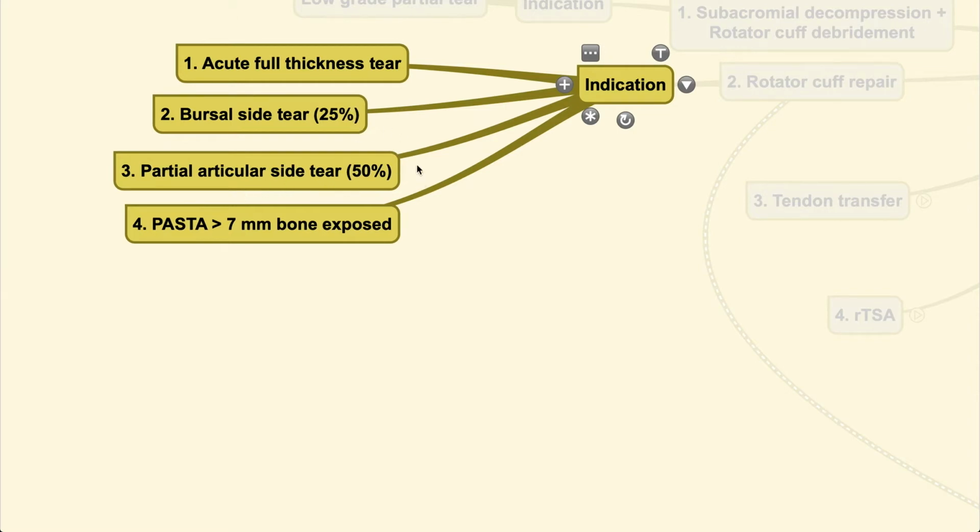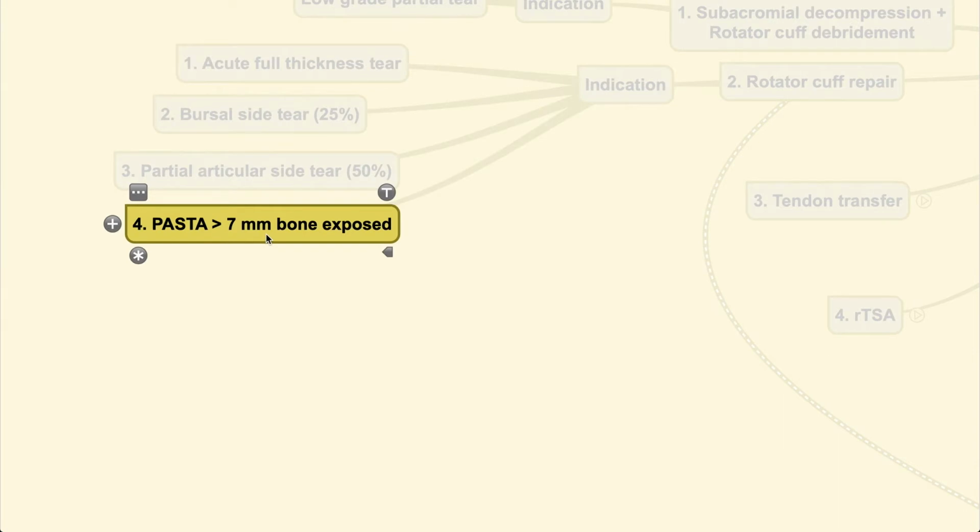This percentage is very different, and we have covered these basics in our previous rotator cuff part 1 video: the bursal sided tendon has a higher vascularity compared to the partial articular sided tear, and therefore even a small size tear should be repaired because there is an increased chance of healing there. And for the partial avulsion of the supraspinatus tendon, if there is more than 7 mm of bone that is exposed, then you need to do an operation.